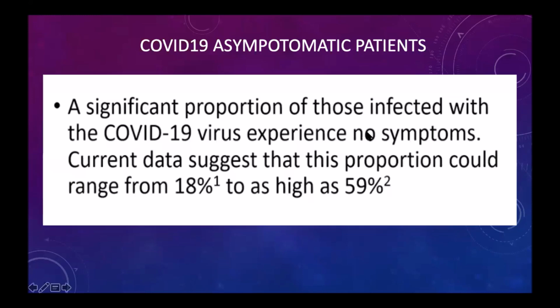And again, the data is very varied. In this one trial here, only 18% were found to have no symptoms, but it went as high as almost 60%. So when I looked at the data, I would want to tell you probably it lies in between. Probably about 25%, 1 in 4, are probably carriers, or they have very minimal symptoms, but they carry the disease.